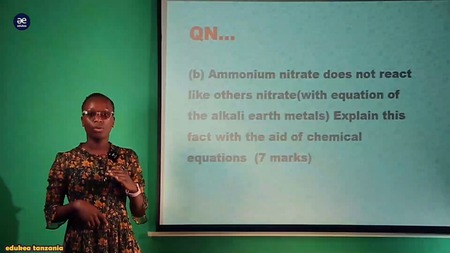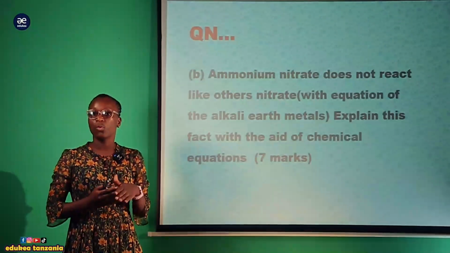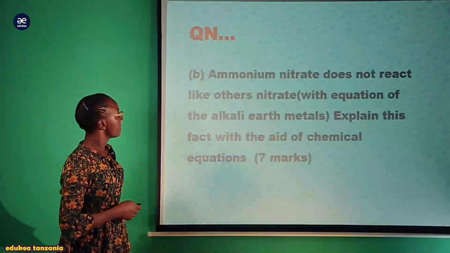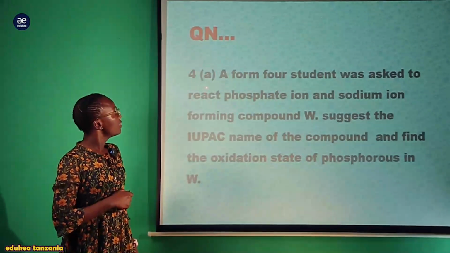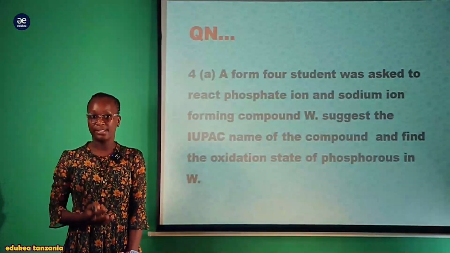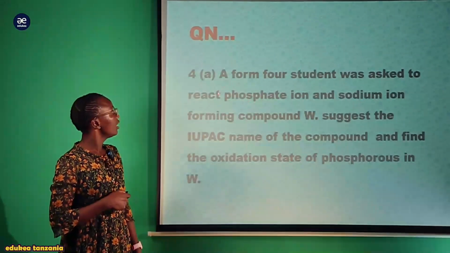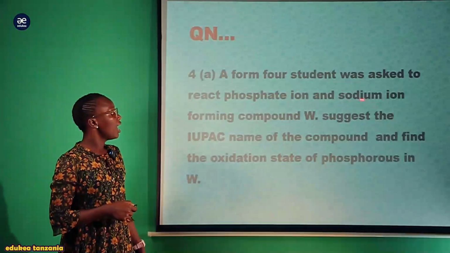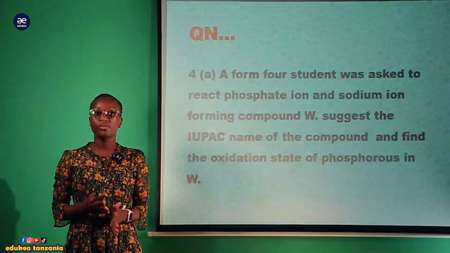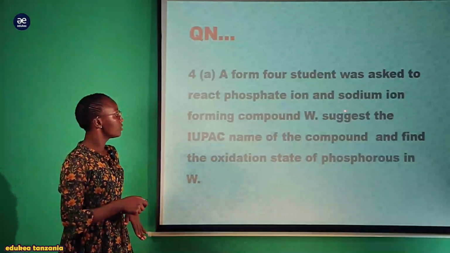Therefore, my student, tutaenda kuona jinsi gani utakavyojibu swali lako kwa ufasaha na pia ni jinsi gani utajibu kwa mtiririko au kwa mfumo sahihi ili kuweza kumconvince marker. But also, the question number 4 also has two parts whereby there is part A and part B. Part A states that a Form 4 student was asked to react phosphate ion and sodium ion, now forming compound W. Kwamba huyu mwanafunzi wa Form 4 aliulizwa kufanya reaction kati ya phosphate ion na sodium ion.